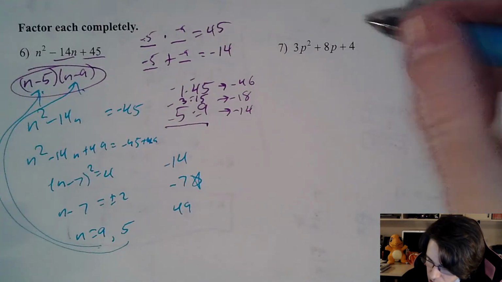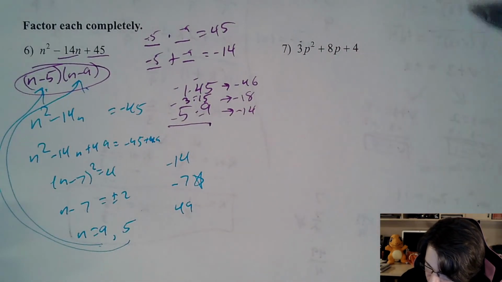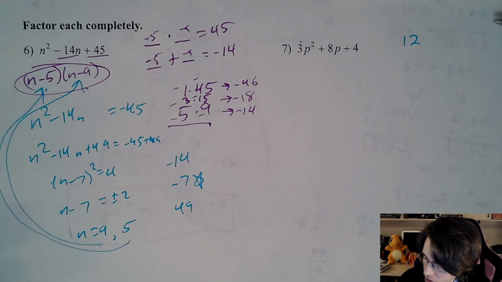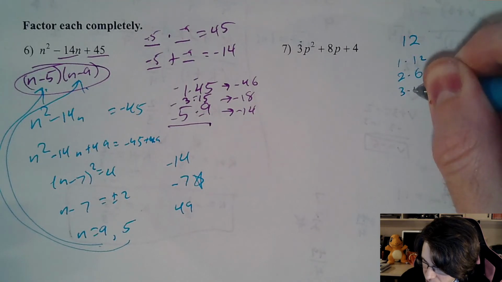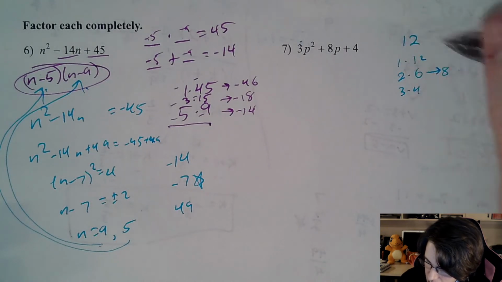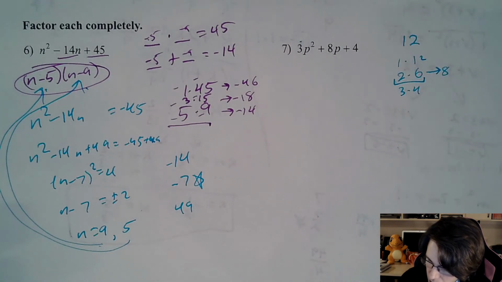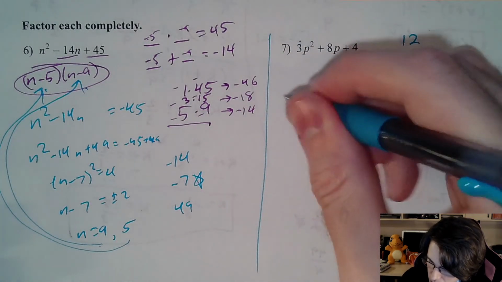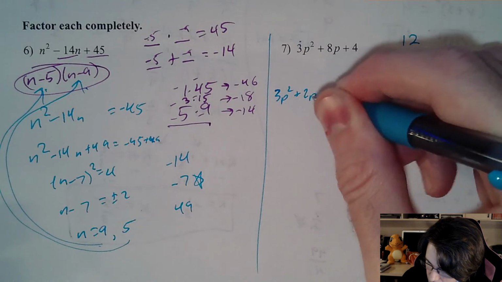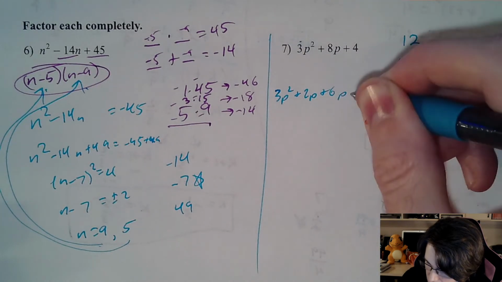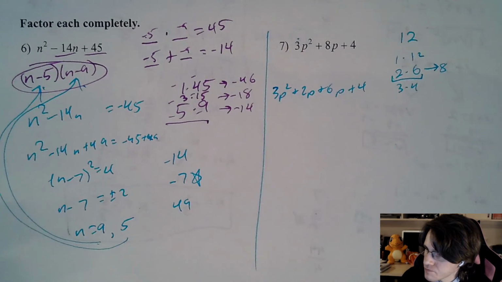So doing number 7 to do this factoring the normal way. 3 times 4 is 12, and you're figuring out the numbers that multiply to 12, but add to 8. So that's 1 times 12 possible, 2 times 6, 3 times 4. This is the one that adds up to 8. So we're going to rewrite that p there using those numbers. We got 3p squared plus 2p plus 6p plus 4.